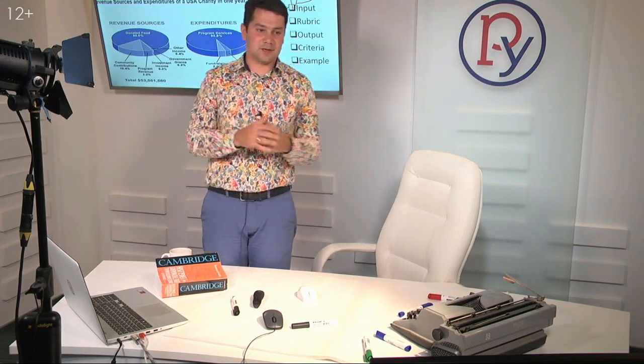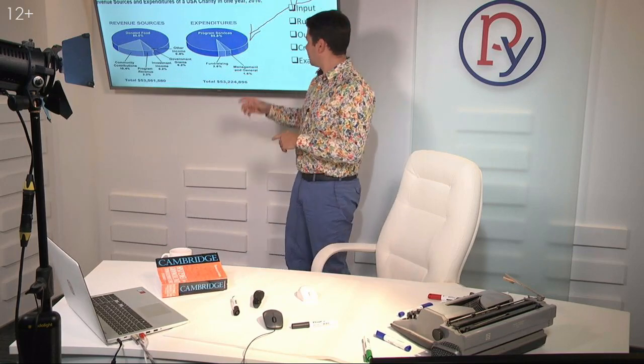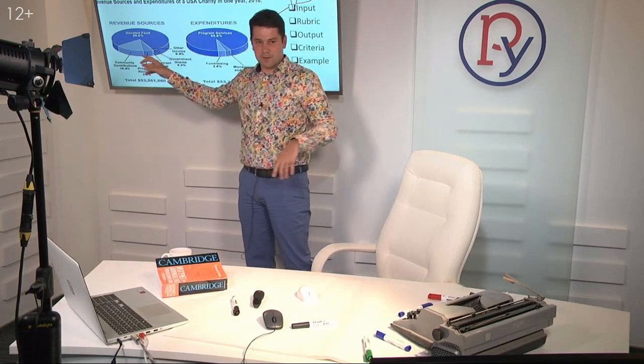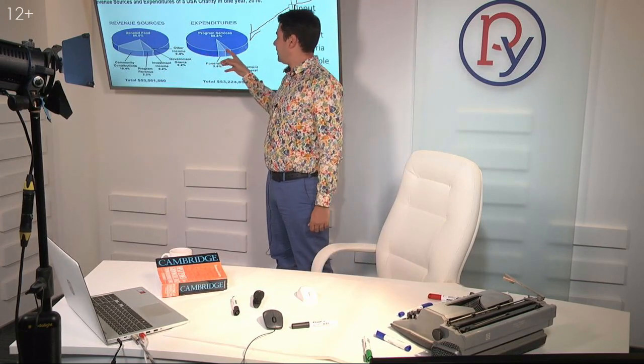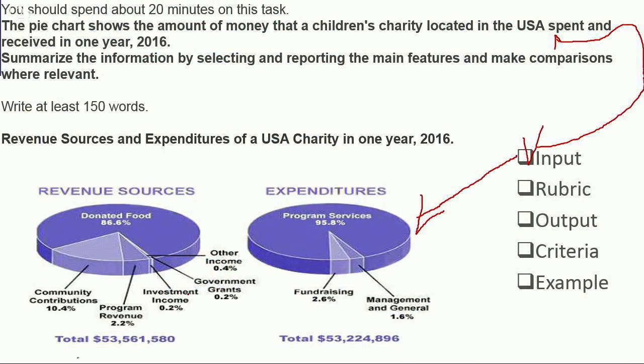Here in this particular task, the visual input can be criticized because, as you can see, it's in the same color, so it's not always easy to see how the two charts are different.